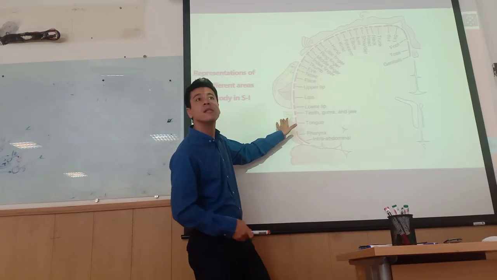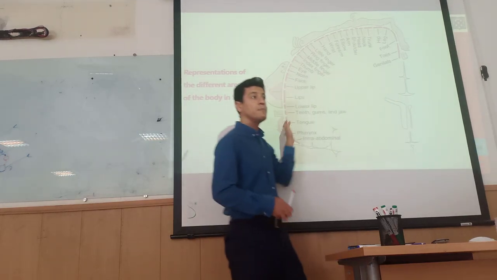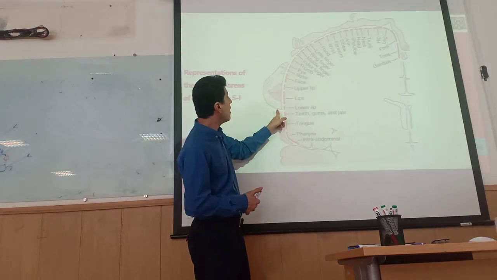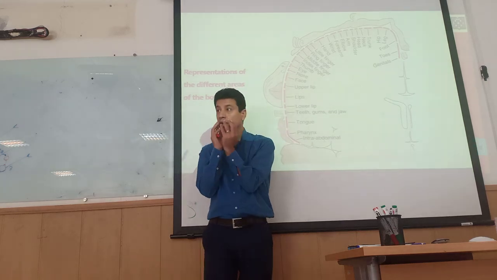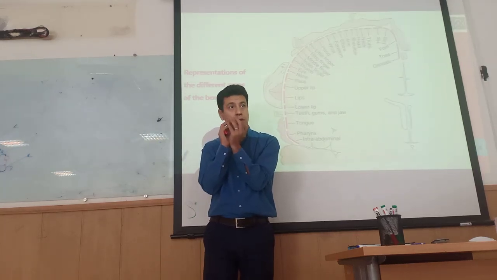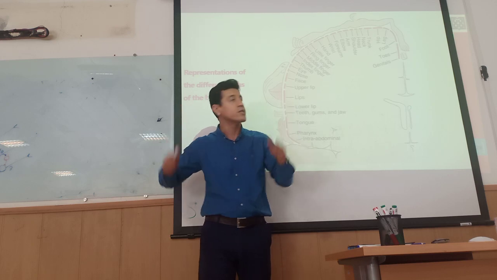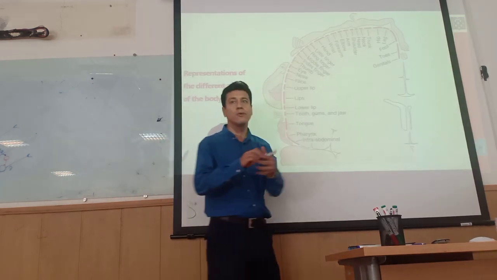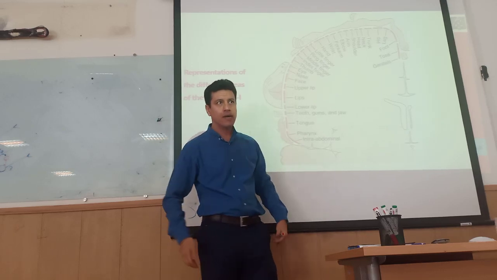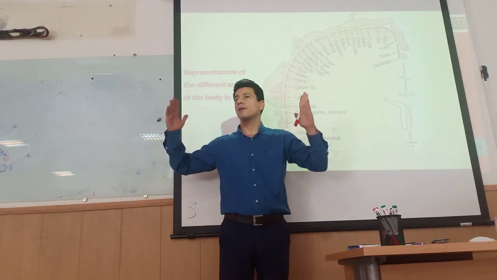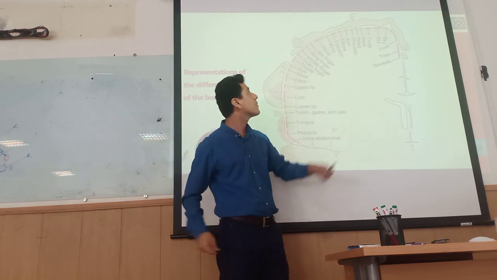So we can see the brain, the hemisphere. You can see that the area of the cortex devoted to the face is large. Face is small in the body, but the cortical area is very large. The hand is also small in the body, a very small area of the body, but the cortex has a very large area for the hand.